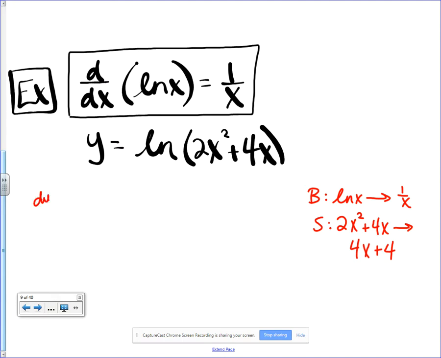So let's find the derivative. So the derivative of y with respect to x, I need to get you used to that notation here. Big derivative with the little function times the little derivative, which looks like that.